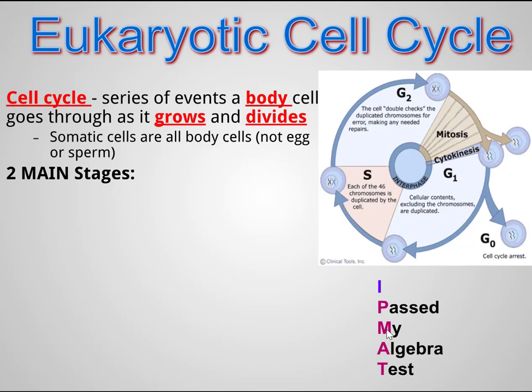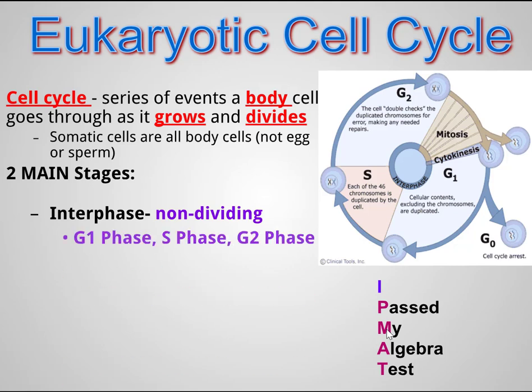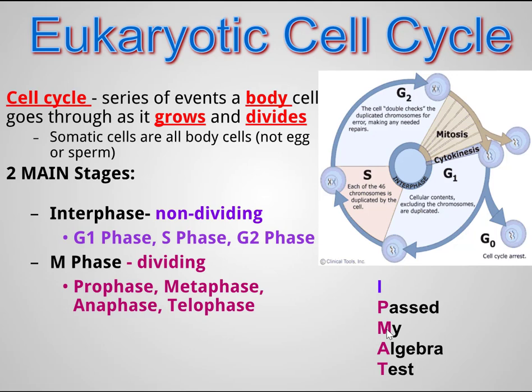Now, in the cell cycle, we have two main stages. We have interphase, so my cell is not dividing during this phase. Interphase is made up of three phases, G1, S phase, and G2. The M phase is going to be where my cell is actually dividing.